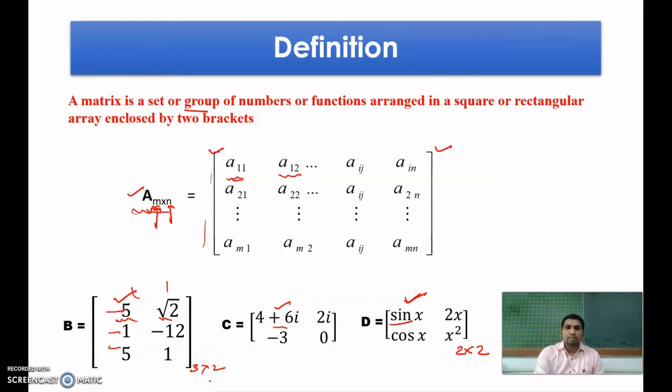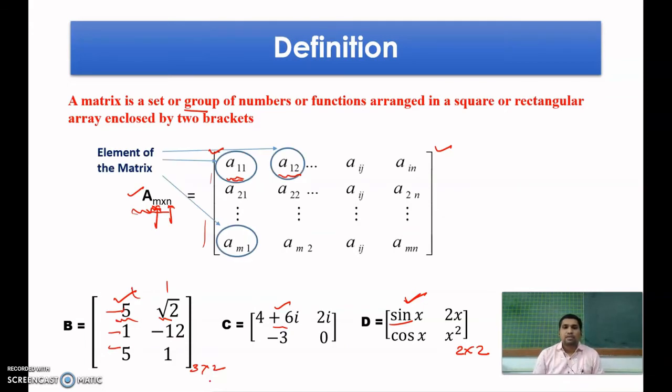Now we are going to see some basic parts of the matrix, starting with the element of the matrix. The individual numbers or functions of the matrix are called the elements of the matrix. In this example, 5 is an element of the matrix, root 2 is also an element, and 1, minus 12, 5, 1, all these individual entries are elements. In total, this B matrix has 6 elements.